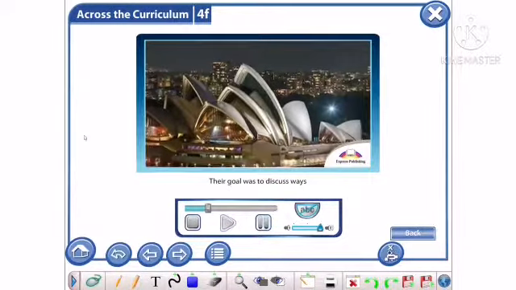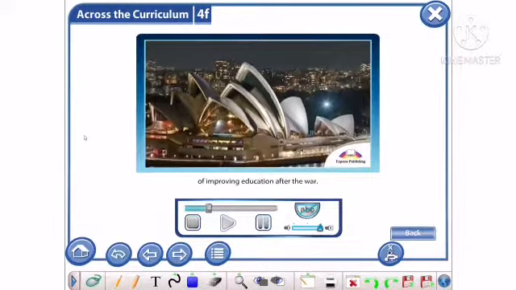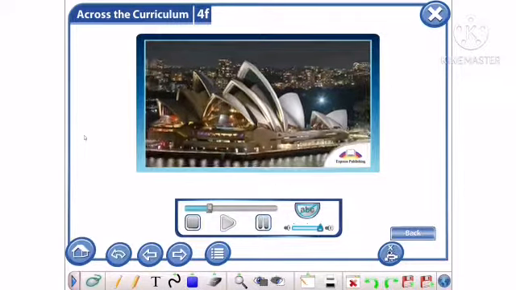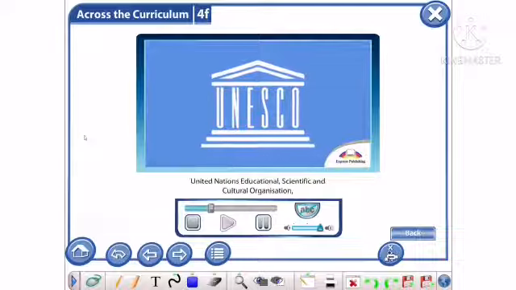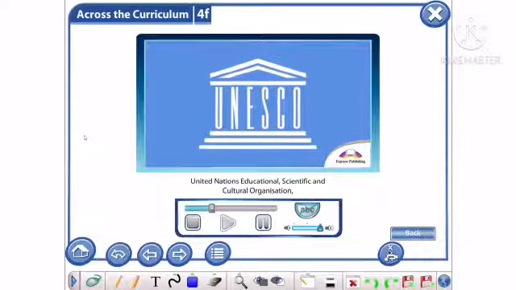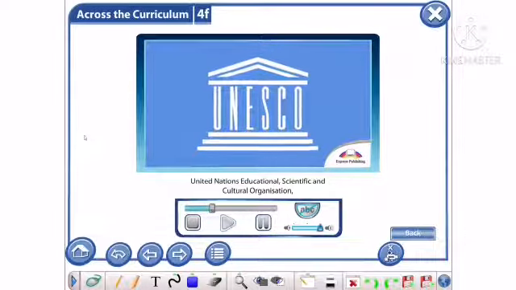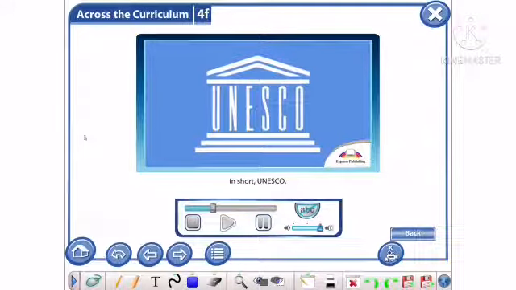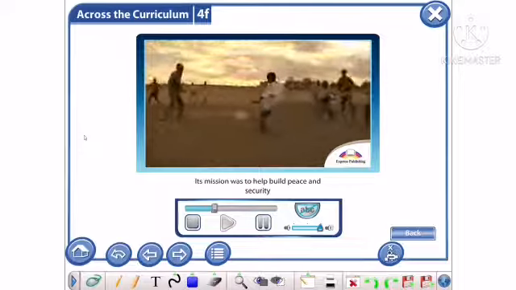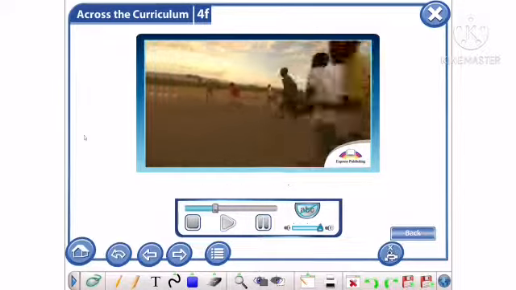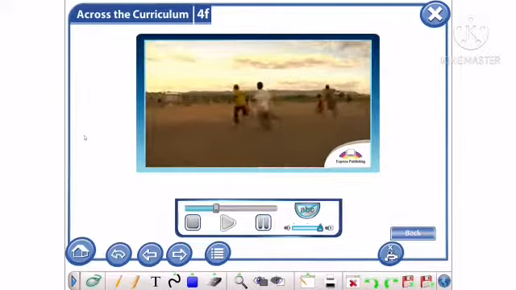Their goal was to discuss ways of improving education after the war. The result of this was the creation of the United Nations Educational, Scientific and Cultural Organization, in short, UNESCO. Its mission was to help build peace and security and wipe out poverty.